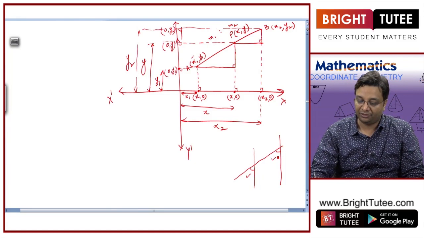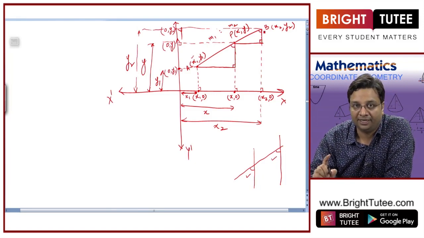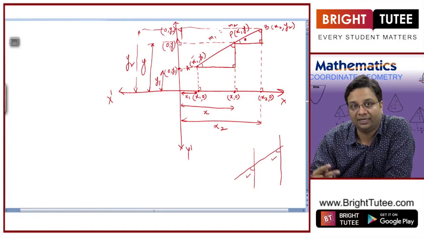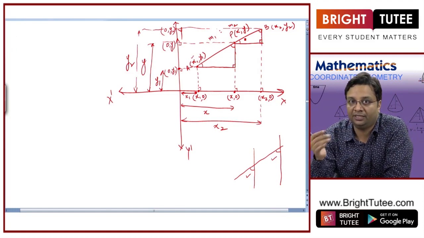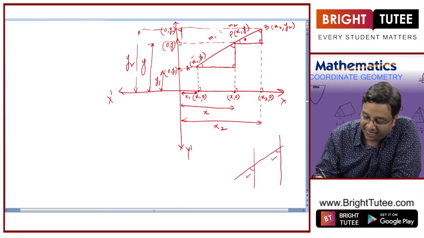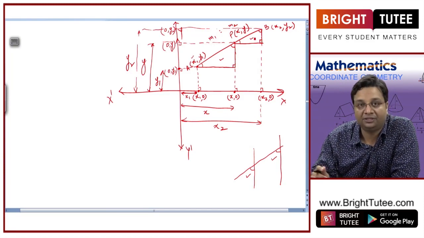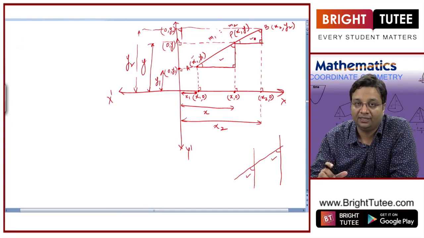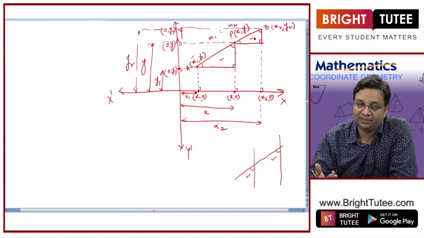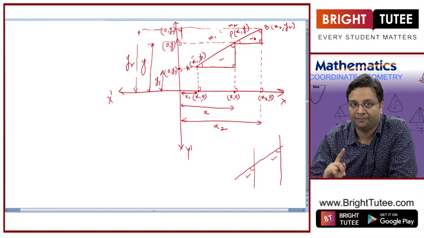So this angle is equal to this angle, and hence the third angle will also be equal. If two angles of two different triangles are equal, then the third angle has to be equal. So as per the angle similarity criterion, these two triangles are similar to each other. This is the similarity criterion which you studied in the previous chapter.